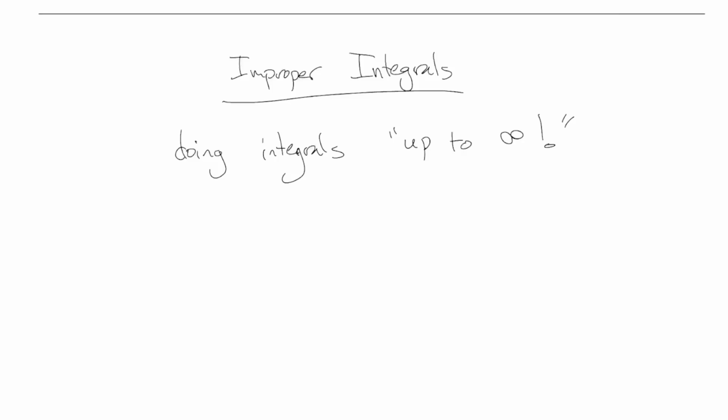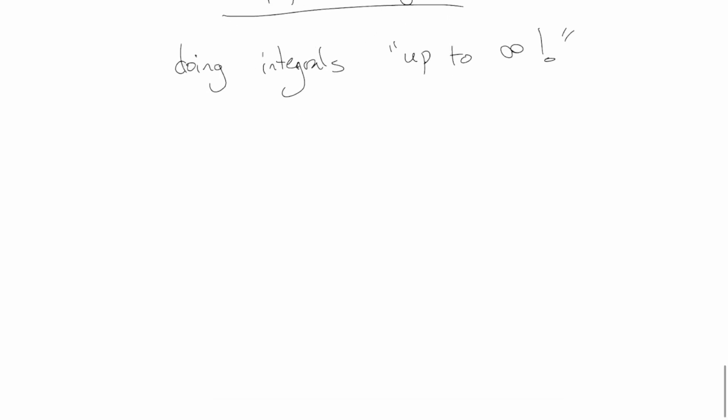What I mean by that is something like, well, we would write it something like this: 0 to infinity, something like 2 to the negative x dx. This is actually a classic improper integral example. Why it's called improper is because of the infinity up there, all right?